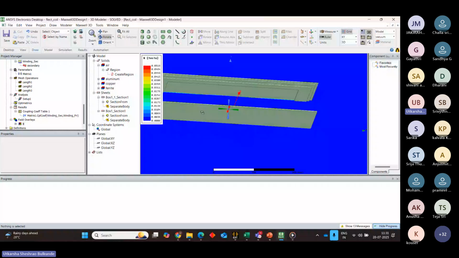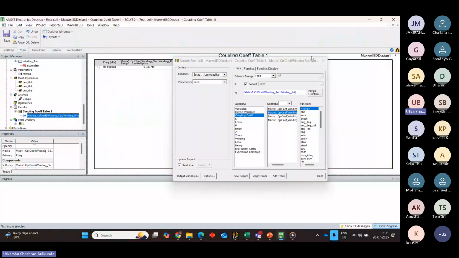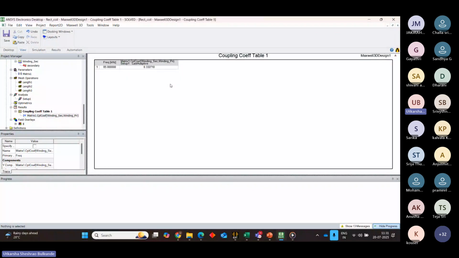That's why you are not able to see the proper flux linkage here. Okay. But you can see from here because you are getting the coupling coefficient. It means that proper linkage is happening. Okay. Fine.